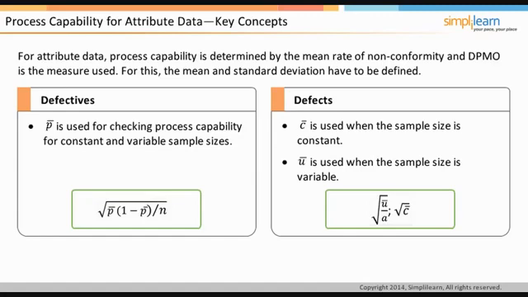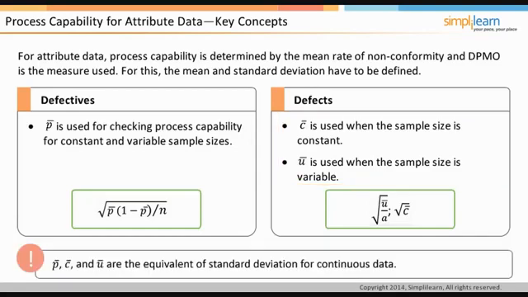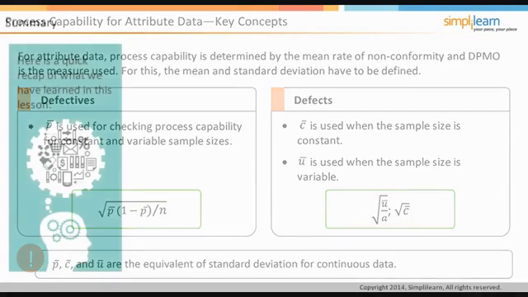For this, the mean and the standard deviation for attribute data have to be defined. For defectives, P-bar is used for checking process capability for both constant and variable sample sizes. For defects, C-bar and U-bar are used for constant and variable sample sizes, respectively. The P-bar, C-bar, and U-bar are the equivalent of the standard deviation denoted by sigma for continuous data.